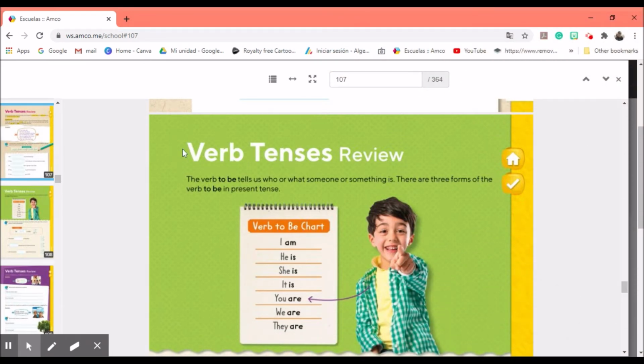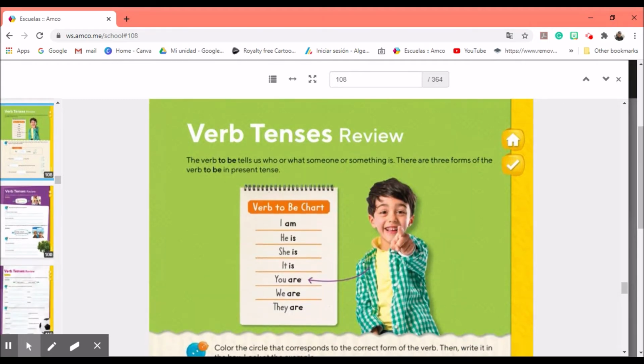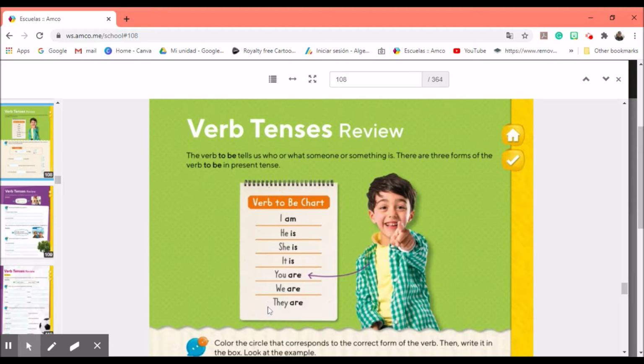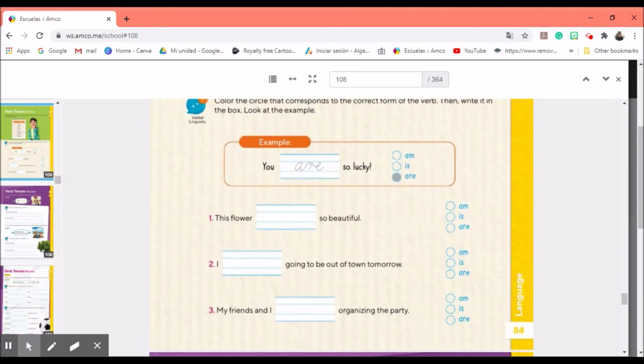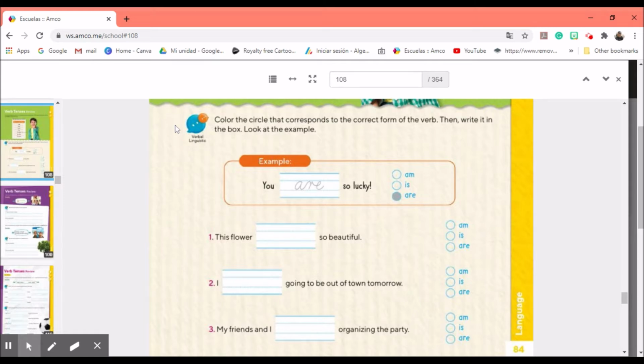Verb tenses review. The verb to be tells us who or what someone or something is. We already talked about that in our video. Over here we have the chart. I am, he is, she is, it is, you are, we are, and they are. Here we have our activity.